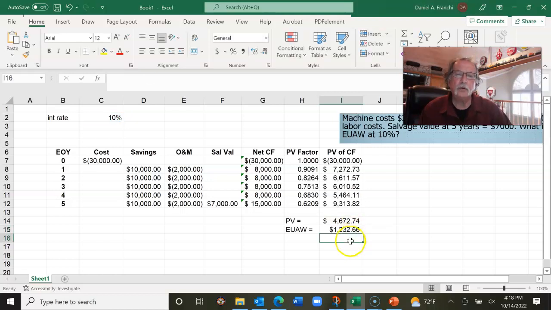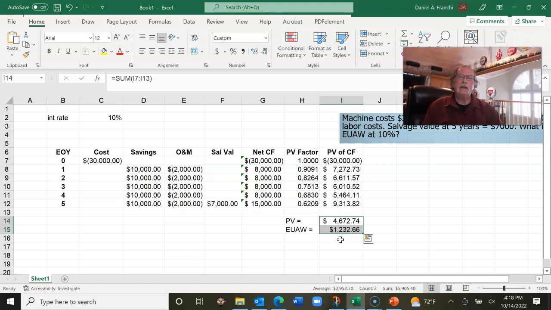So we get our annual worth; we are indifferent between these two. Note that they're both positive. A positive present value means a good project. A positive annual worth, equivalent uniform annual worth, means a good project.